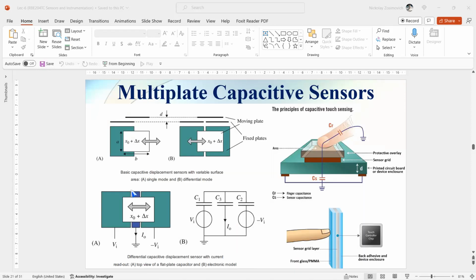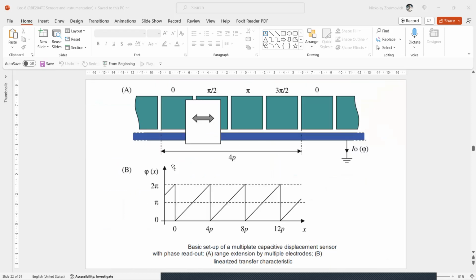The measurement range of the linear capacitive sensors discussed so far is limited to approximately the width of the moving plate. Look at this slide, please, that we discussed. However, the range can simply be extended by repeating the basic structure of the previously discussed configuration.